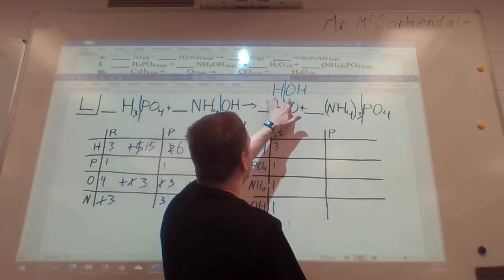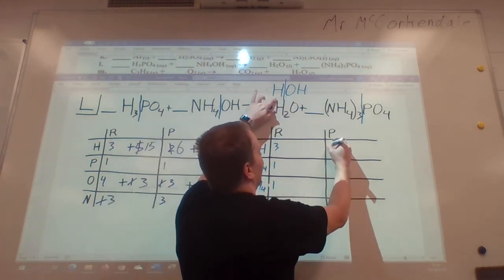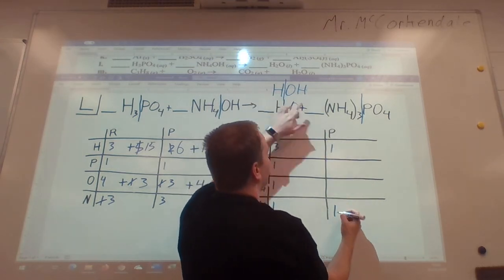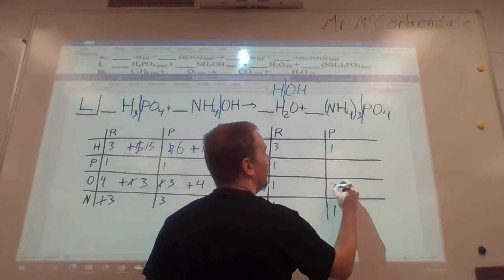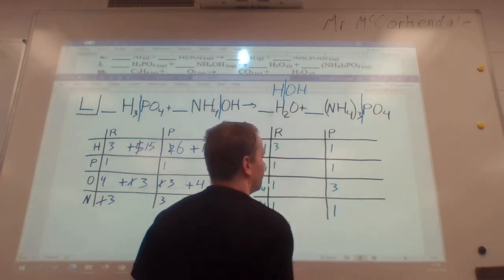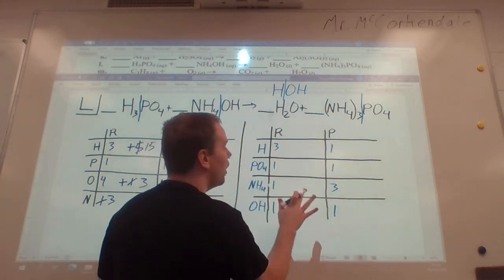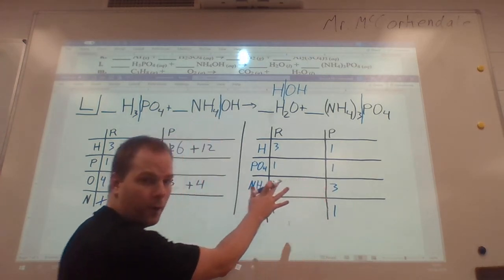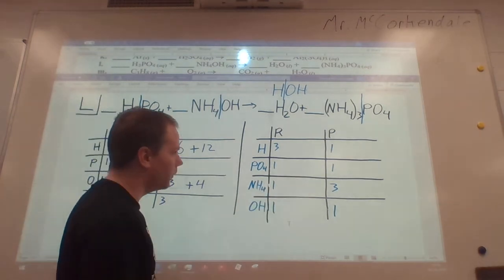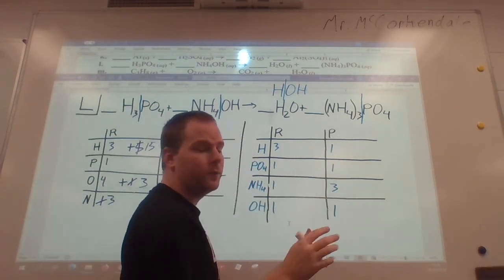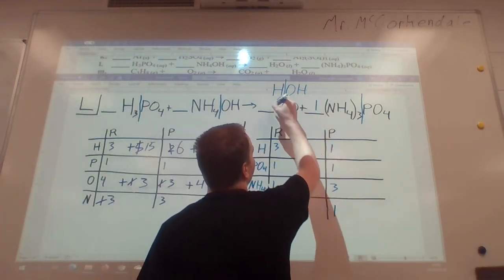Then over here, we're using this instead. So 1 hydrogen, 1 hydroxide, 3 ammoniums, and 1 phosphate. So right off the bat, our numbers are much smaller here than they were here, which makes this a lot easier to work with. We're still starting in the same spot where we assume this has to be a 1.